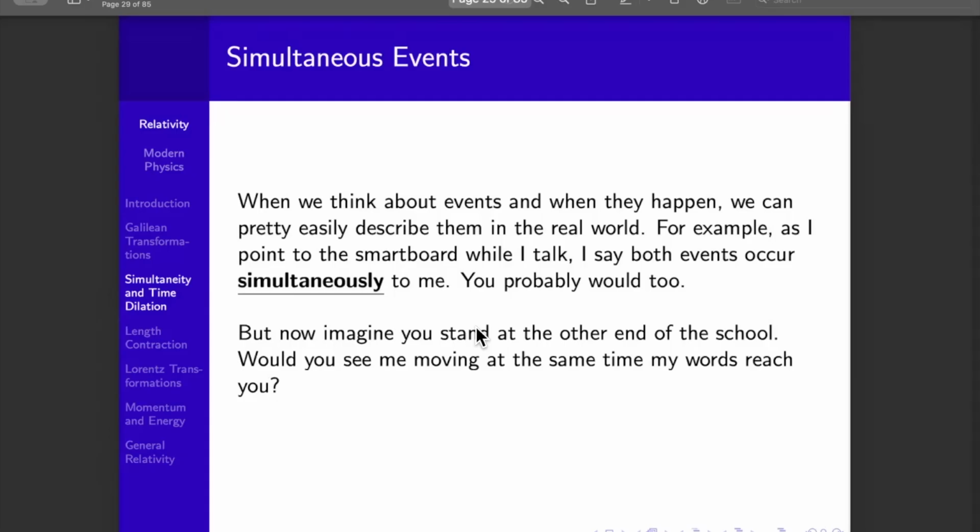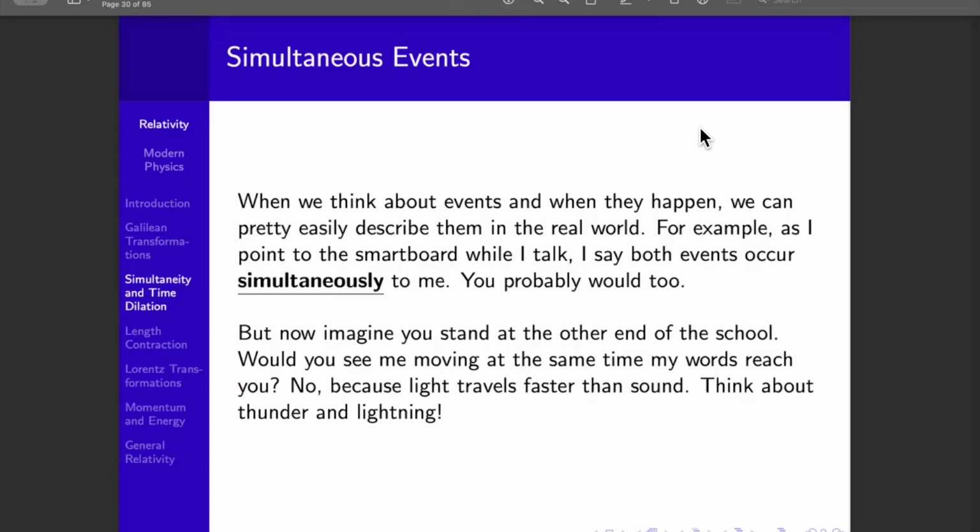But once you start to get really far away from me, that's probably no longer going to be the case. At that point, you're going to have a little bit of a delay. My words would probably reach you a little bit slower than the visuals of me actually pointing at the board, for a very simple reason: light travels faster than sound.